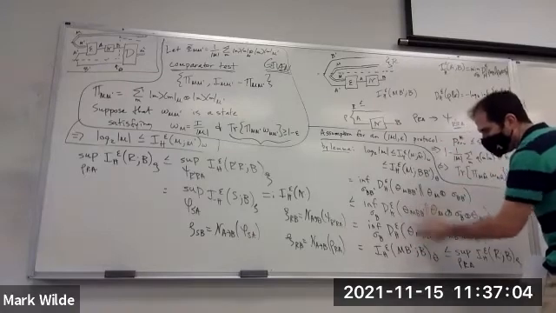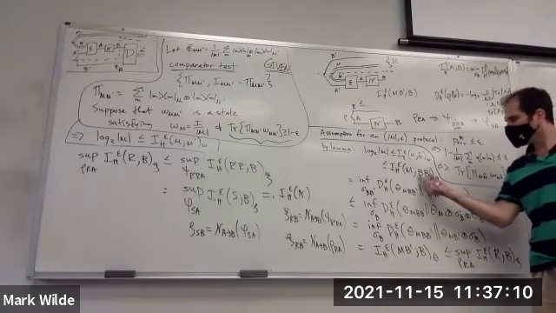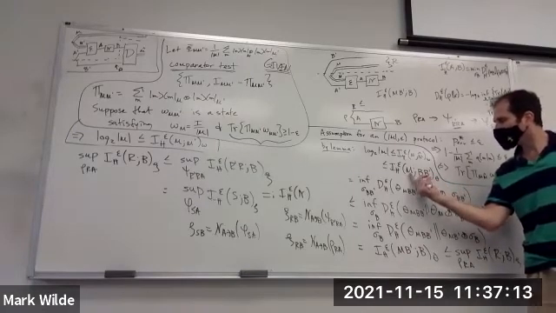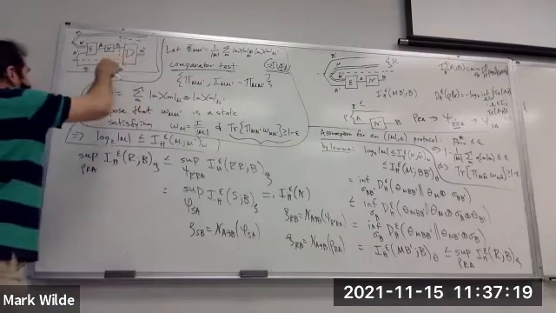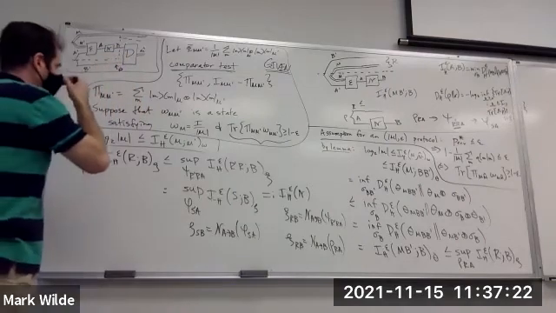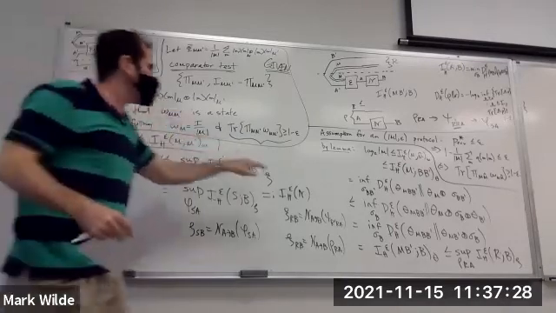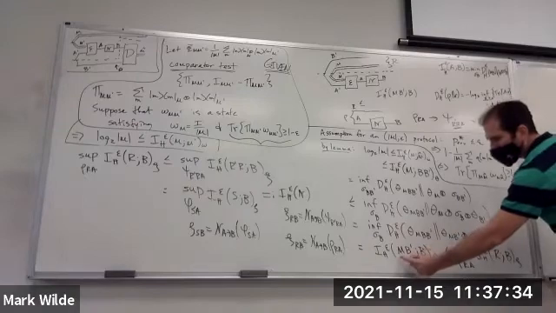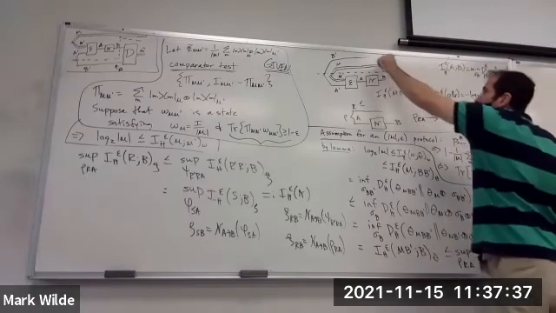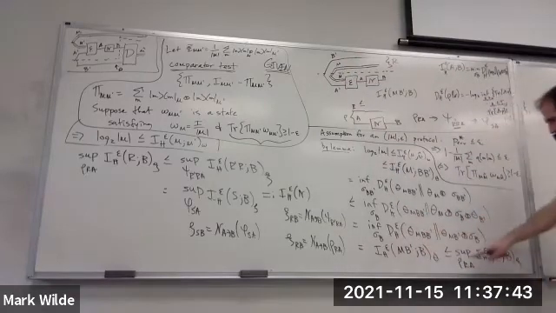This was a bunch of math steps, but conceptually it took us from the mutual information between the message and the channel output and the Bob share of the entangled state to what we really want: a mutual information between something and the output of the channel. So now we're looking at a mutual information between two systems external to the channel, correlated with what's going into the channel. And then we said, okay, now we'll just take a supremum over all such states. And that was essentially the final thing.